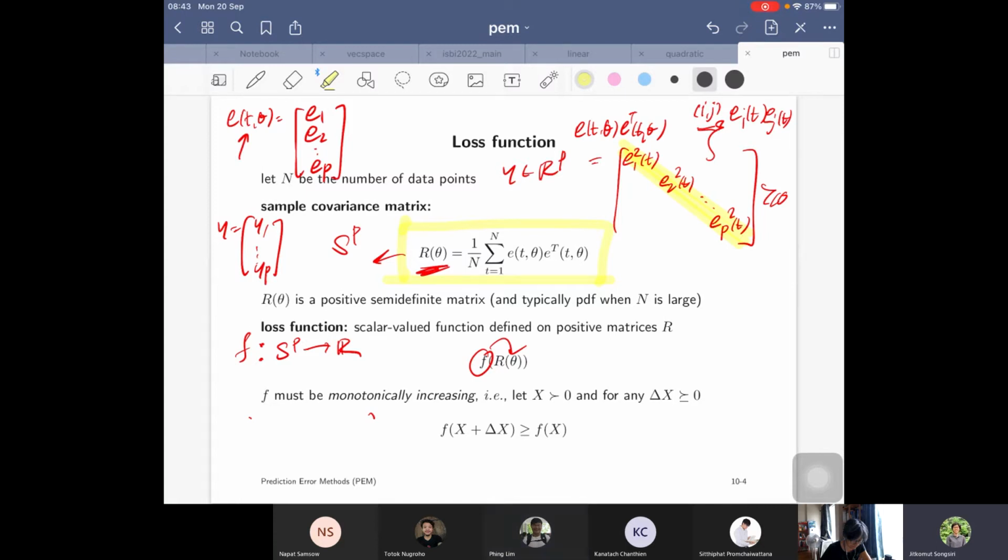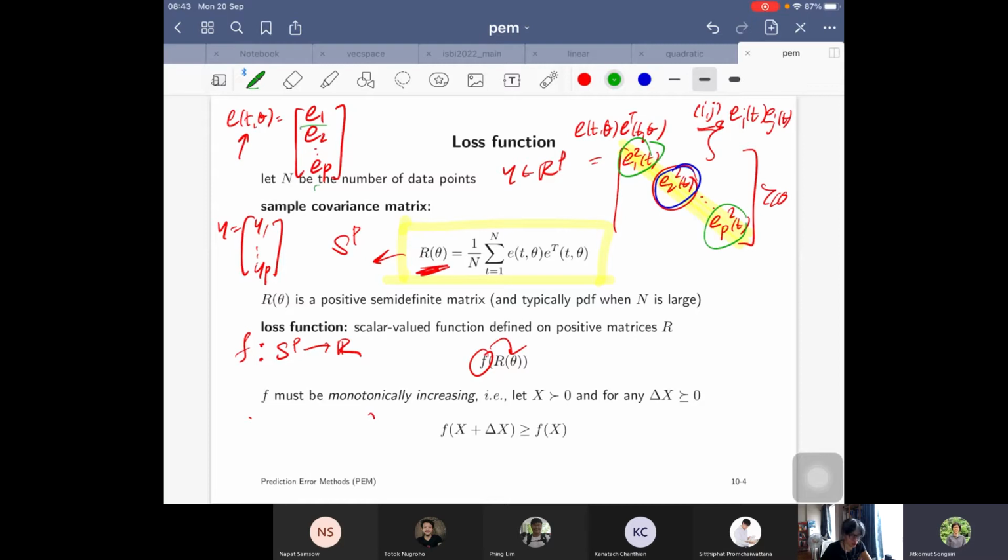If the 2,2 element is big relative to other elements in the diagonal, it means E2 has a bigger variance relative to other components.